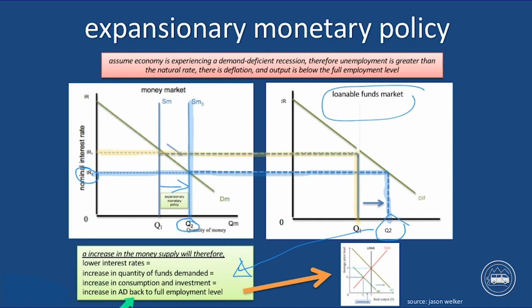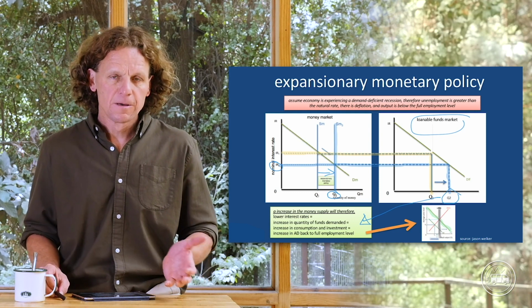And therefore an increase in aggregate demand back out to the full level of employment, which is, of course, right there, where the story began, at the full level of output. Because aggregate demand, as a result of a decrease in the interest rate, meant that more people borrowed money, and by borrowing more money because the price was lower, aggregate demand went outward up to the full level of employment.